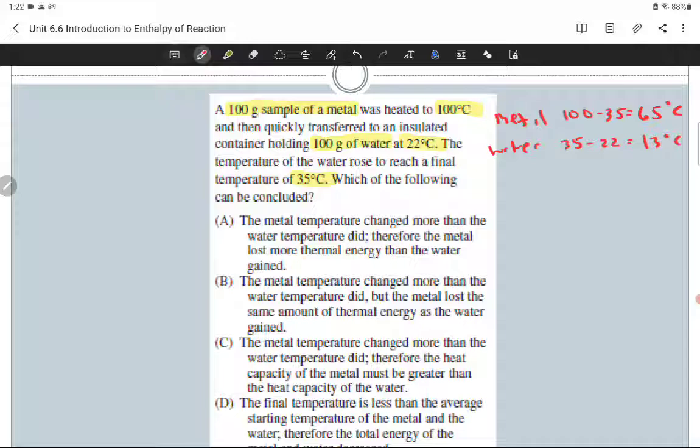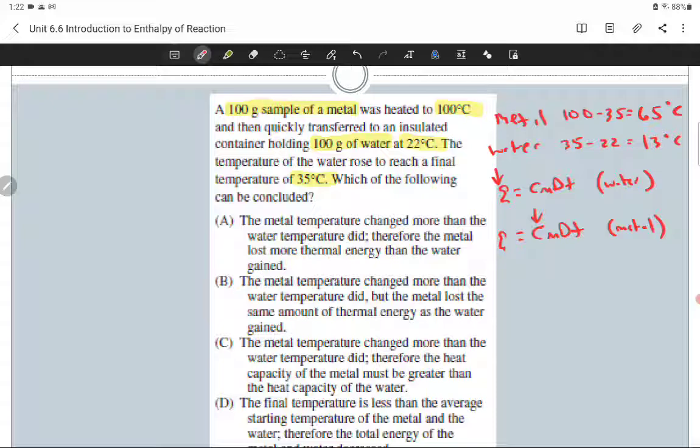So a couple things before we actually get into it. Q equals Cm delta T. If you were going to do this mathematically, you would have to do this for the water and solve for Q. Then Q equals Cm delta T again, this time for the metal, and typically you'd be solving for the specific heat of the metal.